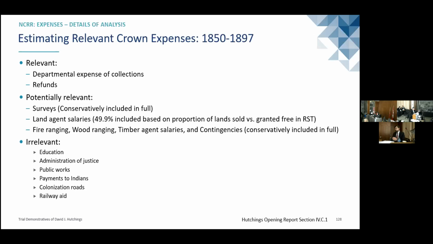And the last two items that I exclude on this slide are colonization roads. As the name suggests, these were roads built for the purposes of settling and colonizing the area. Large part of these roads were to help facilitate the giving away of land through the different free grant acts.